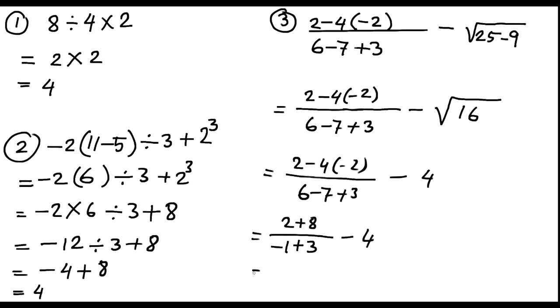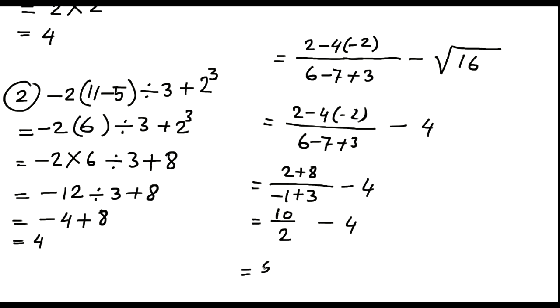Then on the top you get 10. And in the down you get 2 minus 4, 5. When you simplify you get 5 minus 4. Ultimately, you get the answer that is 1.